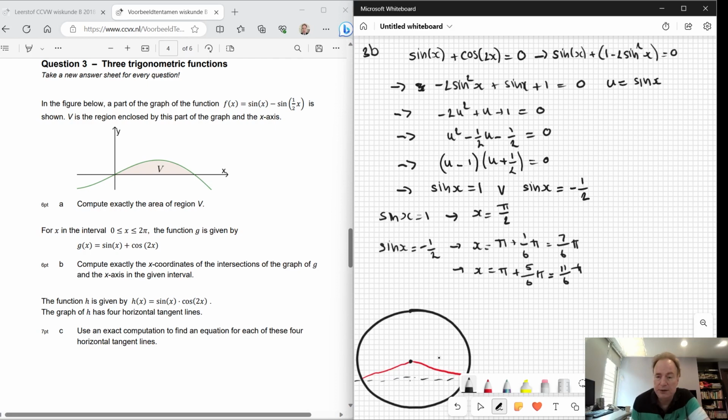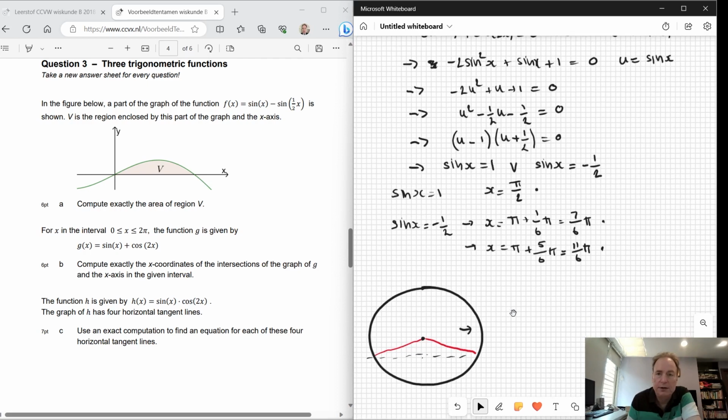You can also say that it's minus 1 over 6 pi, and then add 2 pi to it. Then you get the same. And yeah, these should be the 3 solutions then in this interval. So this one, this one, this one.